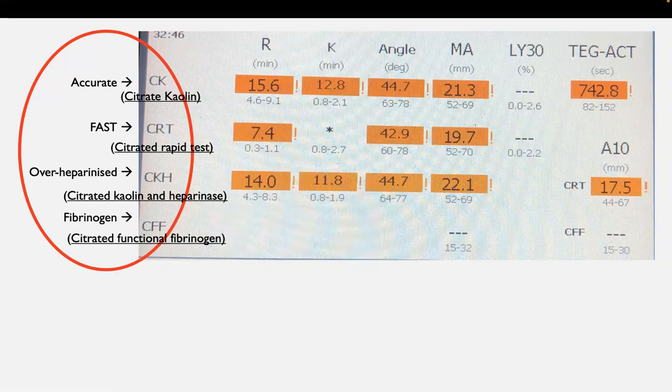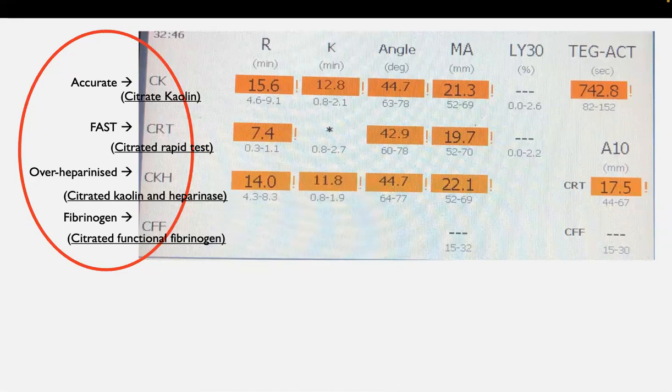Is it fibrin that we don't have enough? Or is it something else? We don't have enough clotting factors, sorry. Yes, good, well done. So then the treatment for that, since we do not have enough clotting factors, will be fresh frozen plasma.